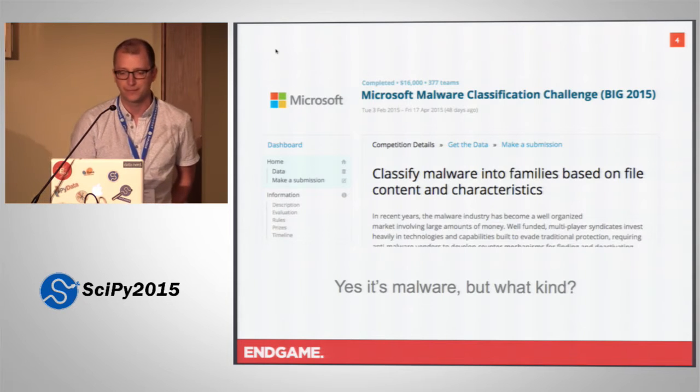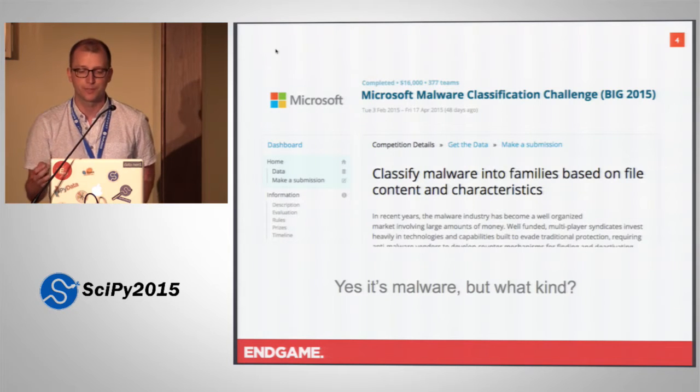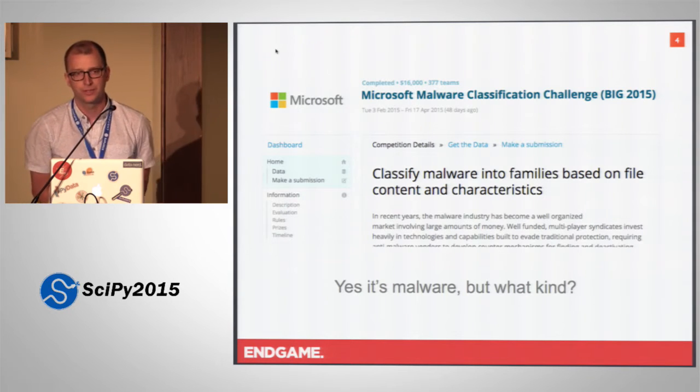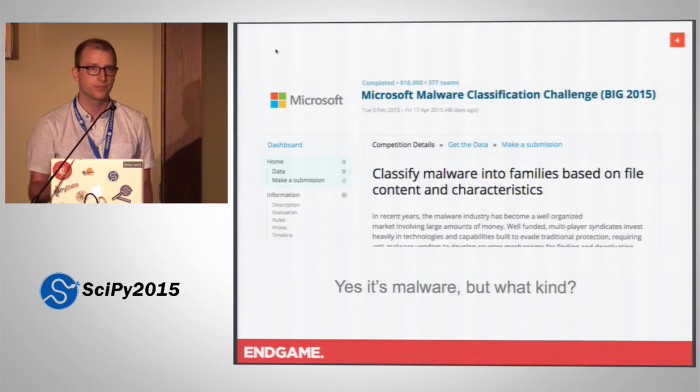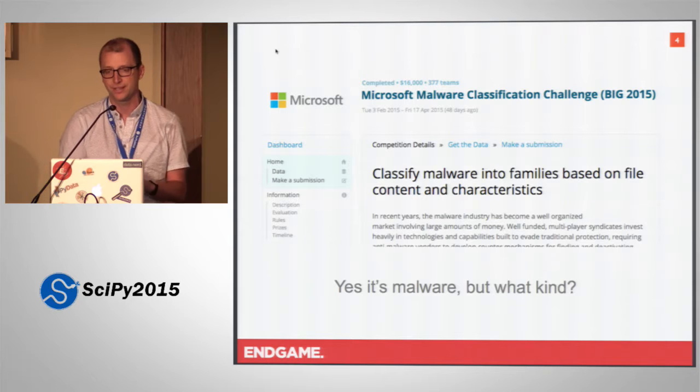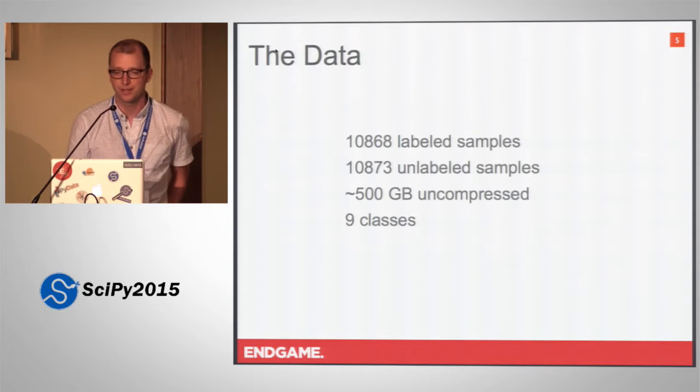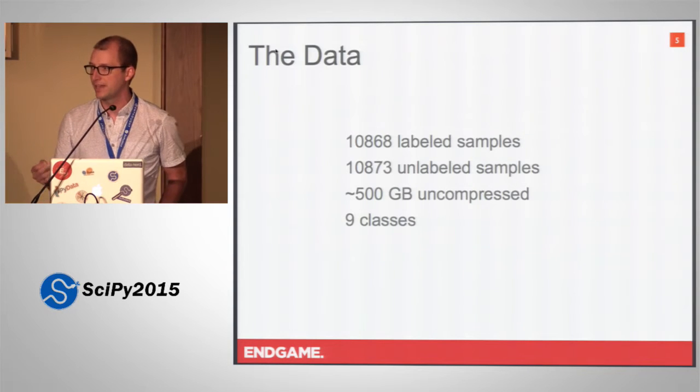And you can build a classifier for that, but this competition was more focused on, now that you know it's malware, what kind is it? And answering this sort of question is useful for knowing code reuse and knowing how different families evolve over time. Once we have a good understanding of that, it's going to make it easier for us to detect it in the future.